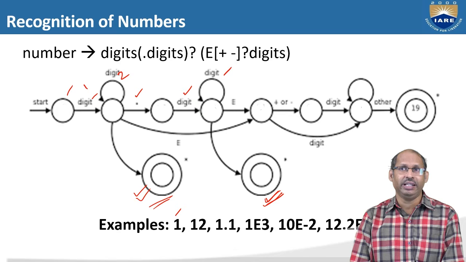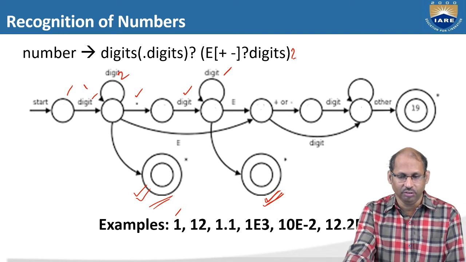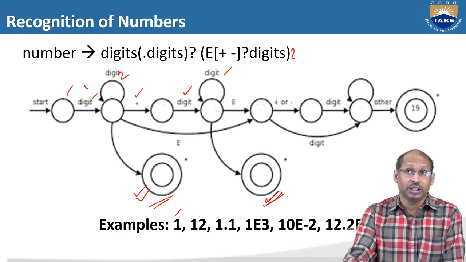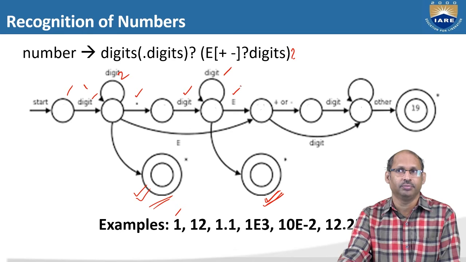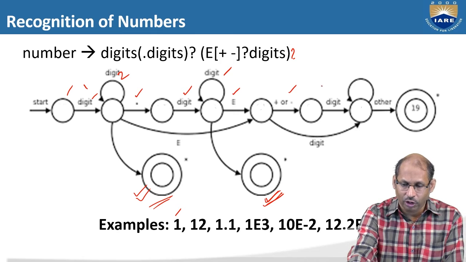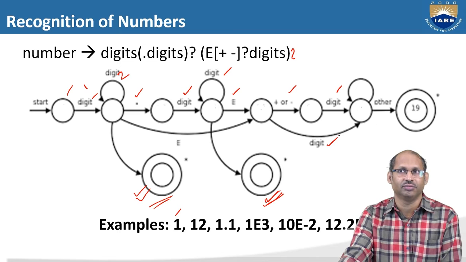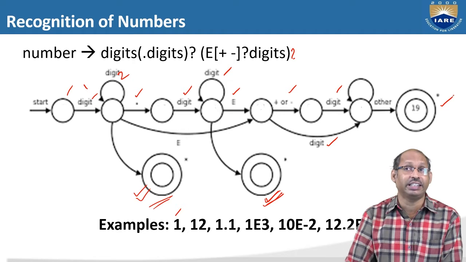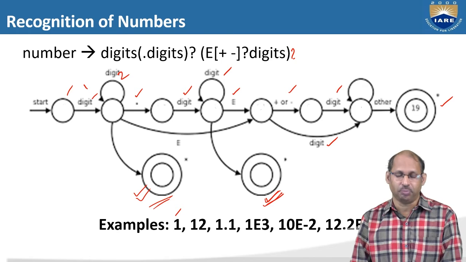If E represents the exponent, it may be followed by a sign followed by digits, or only digits. If it is followed by any other characters, then it goes to the final state, which says that it is a number containing digits, fractional part and exponent part.